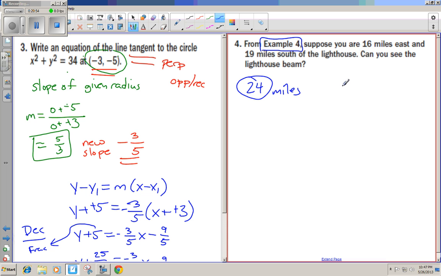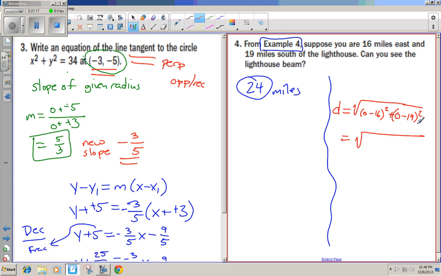So, let's choose the two different ways. The distance formula is the square root of 0 minus 16 squared plus 0 minus 19 squared. Go ahead and type that into your calculator.